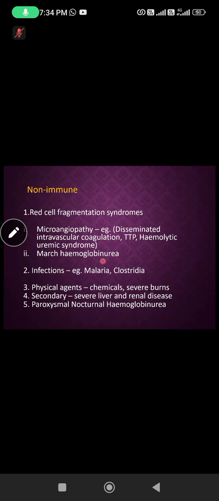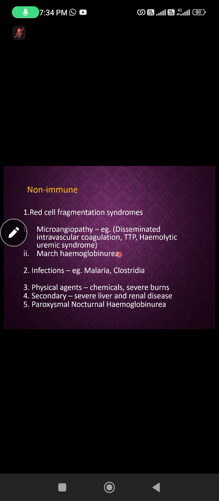That's why it is known as March hemoglobinuria. The hemolysis, red cell destruction, occurs inside vessels when you march, so when you walk or run or do strenuous physical activity. So this is related to strenuous physical activity, right?